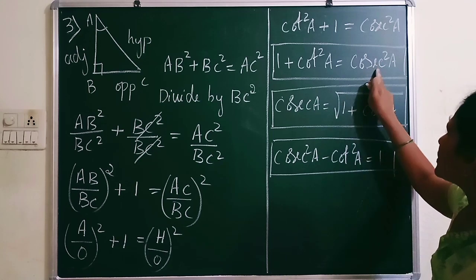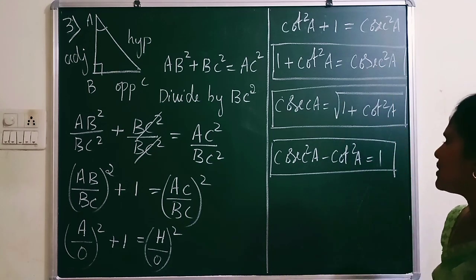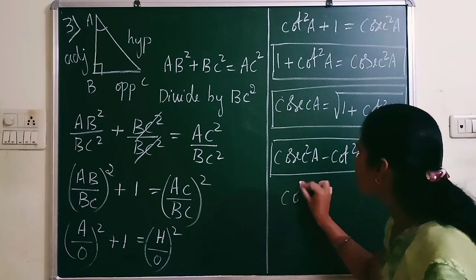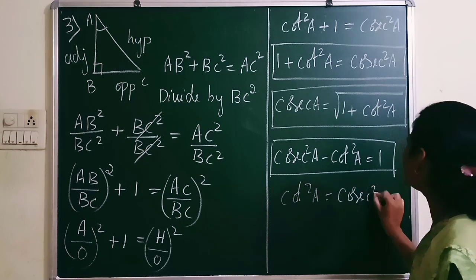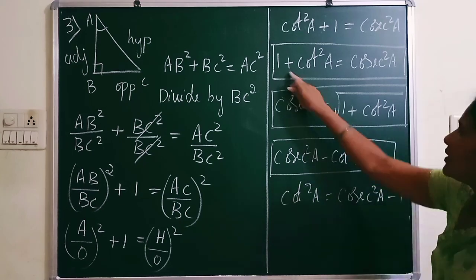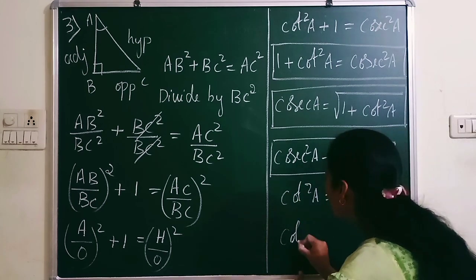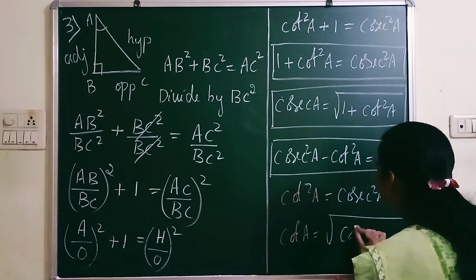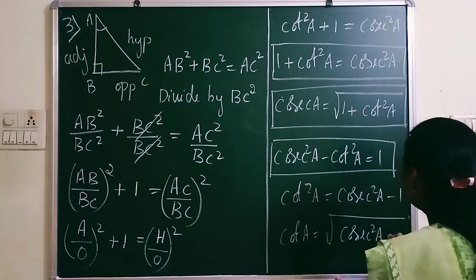Next, we had cosec in terms of cot. Let us now make cot in terms of cosec. For that, write cot square A equals cosec square A minus 1, since plus 1 becomes minus 1. Now make cot alone: cot A equals square root of cosecant square A minus 1.